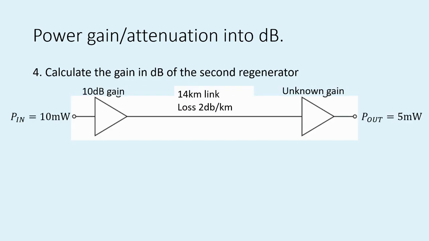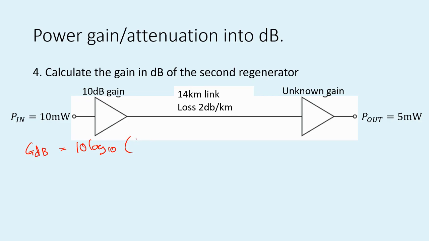Okay, last question. This is definitely the most tricky. So we're given the input power, we're given the output power, and there's a few different gains going on here. So firstly, we've got our equation, and we know that the overall gain in decibels is 10 log 10 input over output.